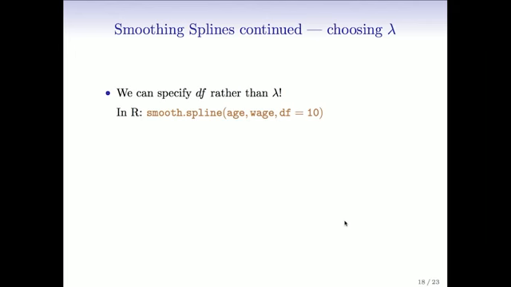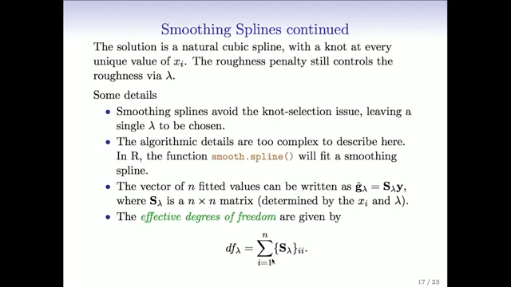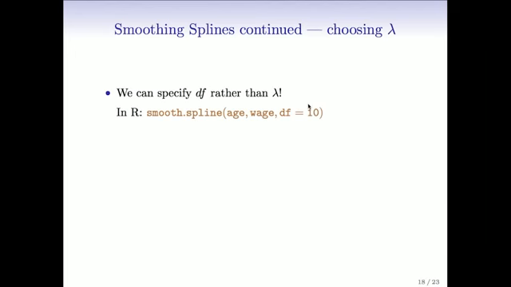So now when we use a smoothing spline, we can actually specify lambda by instead specifying the effective degrees of freedom. And a little bit of reverse engineering is done in the function to figure out what is the lambda that would result in such a degrees of freedom. And so in R, it's as simple as that.